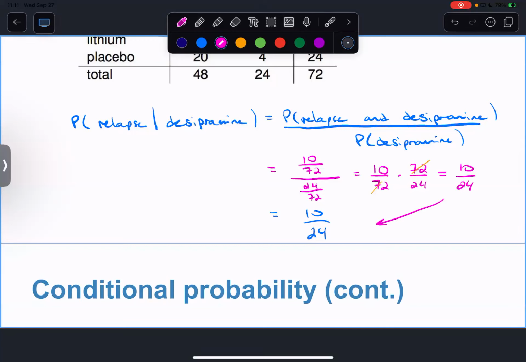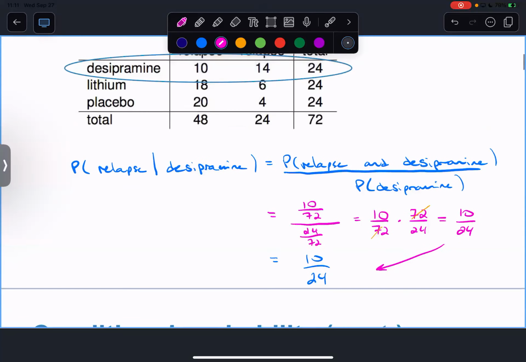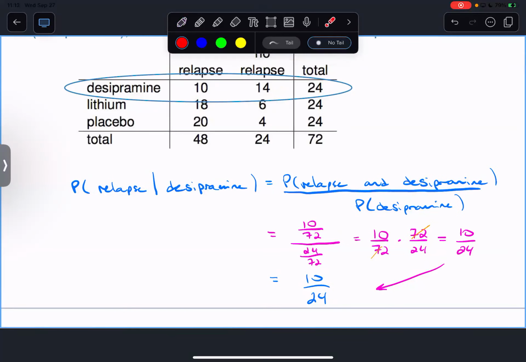Which we were able to do with just the table, right? Technically, what we're doing is we're reducing these fractions, right? But you don't really need to, but it's good to know that that's technically what you're doing. How did we get 10 over 24 without doing these fractions?